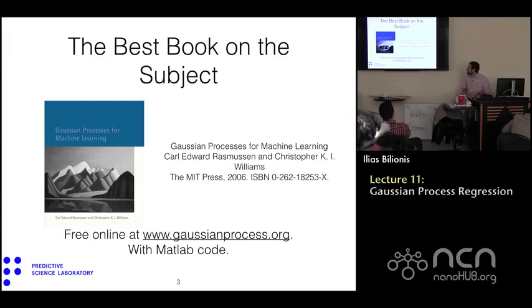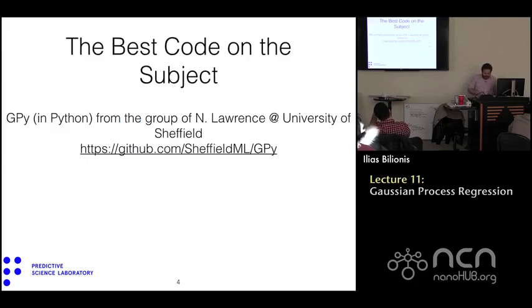These 4 chapters are enough to use this thing in your own work. You should be able to do regression with your own data, and then, based on these chapters, write about the theory. But anyway, there is excellent code by the University of Sheffield and Neil Lawrence in particular. The code is called GPy, and this is what we're going to be using.